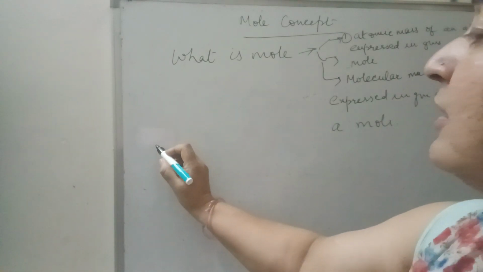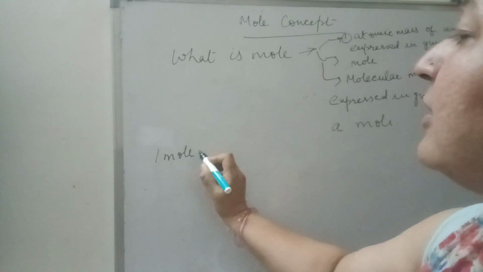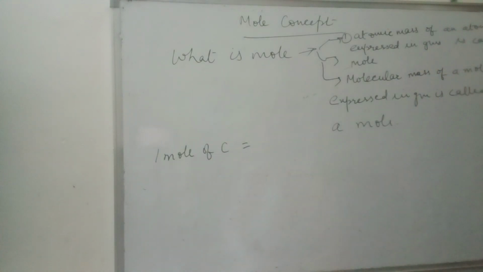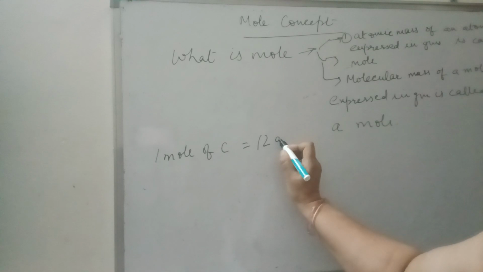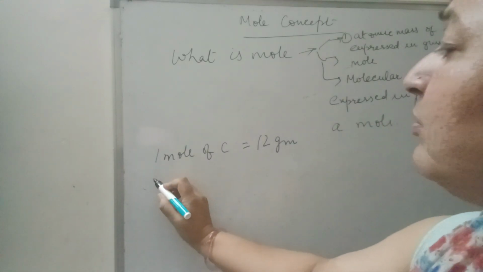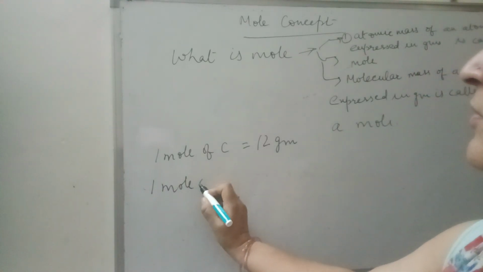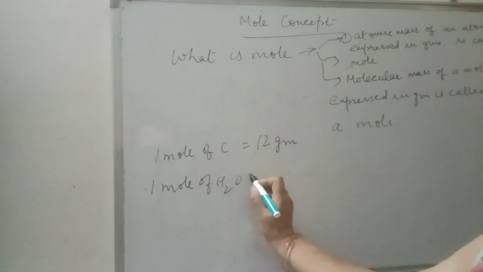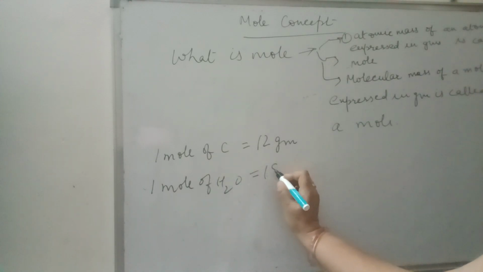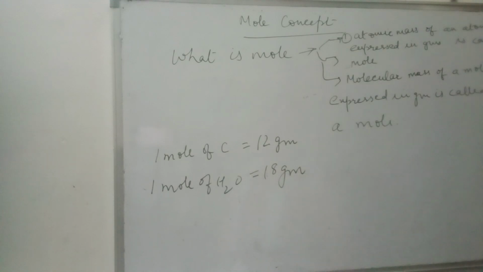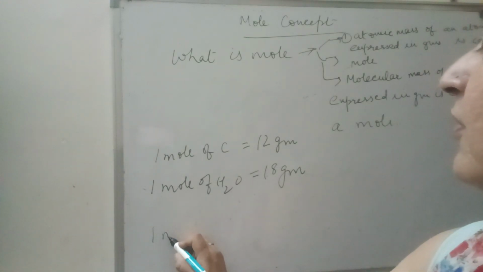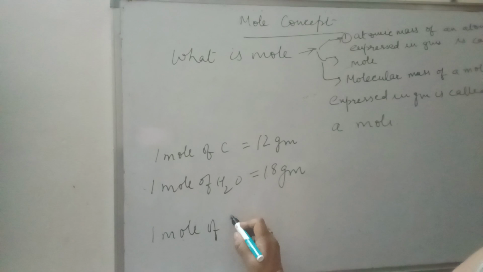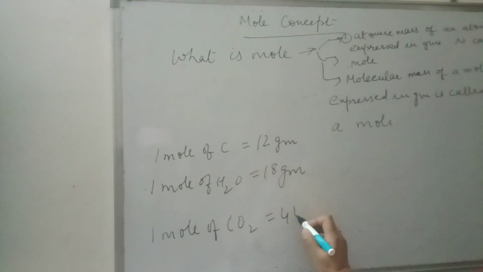For example, 1 mole of carbon is equal to 12 gram. 1 mole of water is equal to 18 gram. 1 mole of carbon dioxide is equal to 44 gram. Atomic mass or molecular mass expressed in grams is called 1 mole.